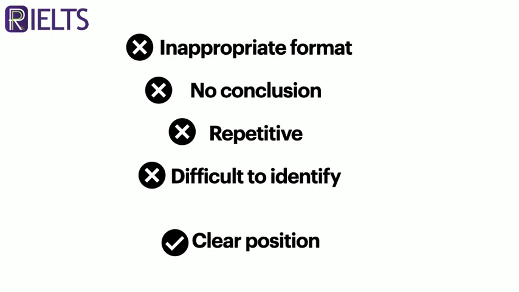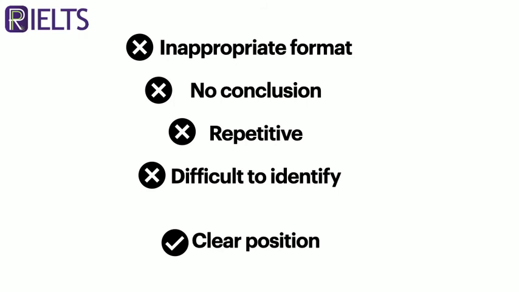So the next thing in your task response is clear position. You should have a clear position in your essay. For example, there is an agree and disagree essay, right? So you should have a clear position. Either you agree or you disagree, right? And the examiner should be clear about your opinion.